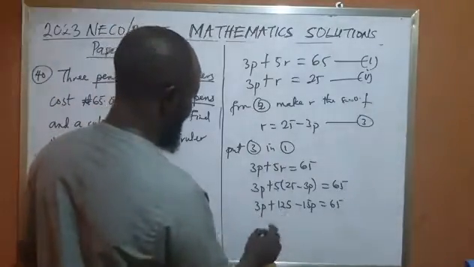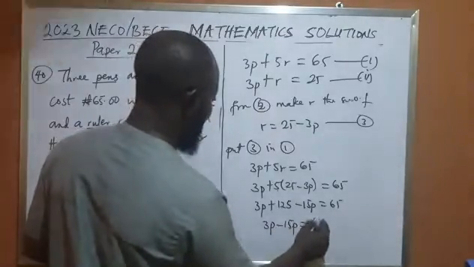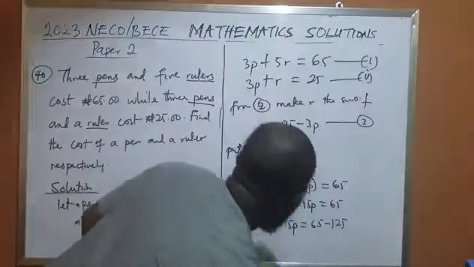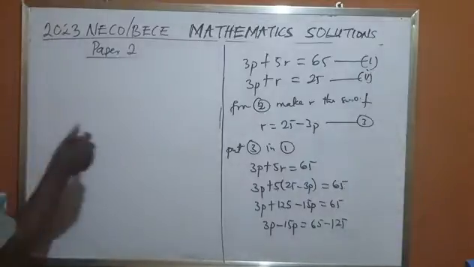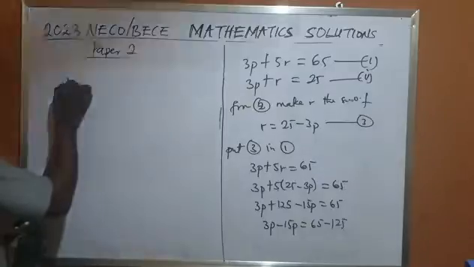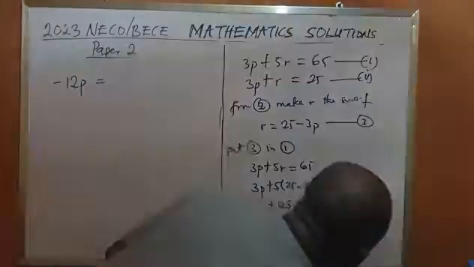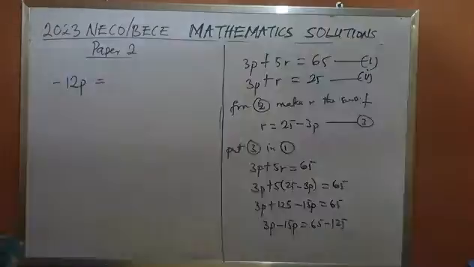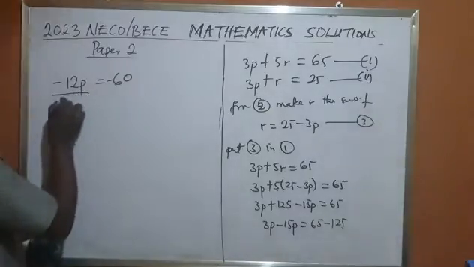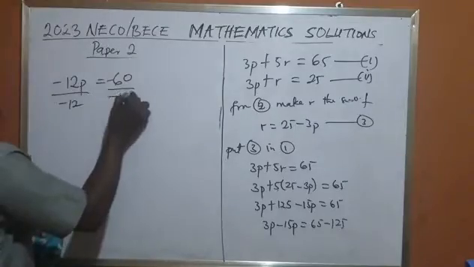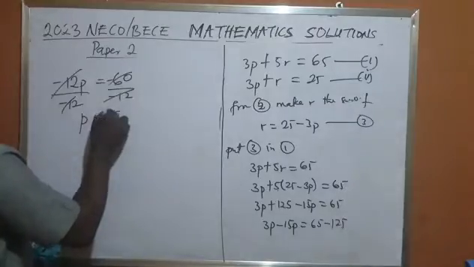So 3P minus 15P gives us minus 12P, and 65 minus 125 gives us minus 60. We divide both sides by minus 12. So P will be equal to 5 naira.